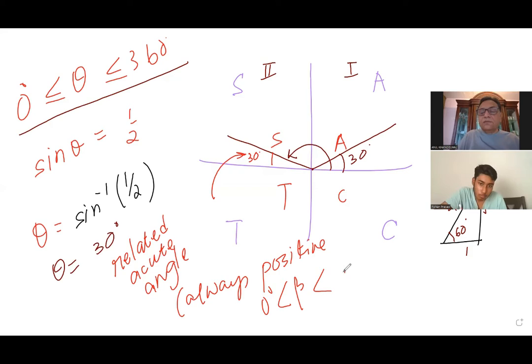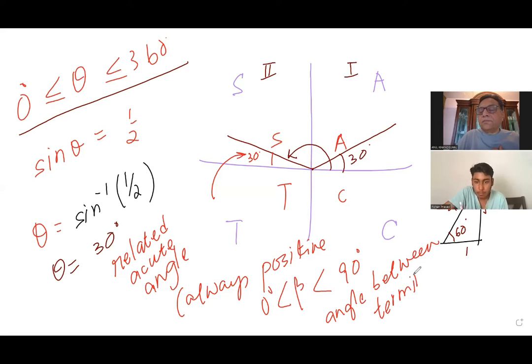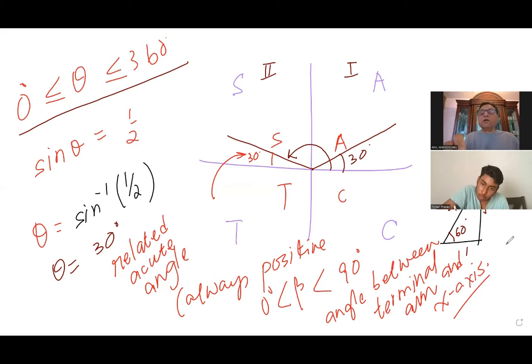The related acute angle is between 0 and 90 degrees, always positive. It is the angle between the terminal arm and the x-axis. Is that clear to you?